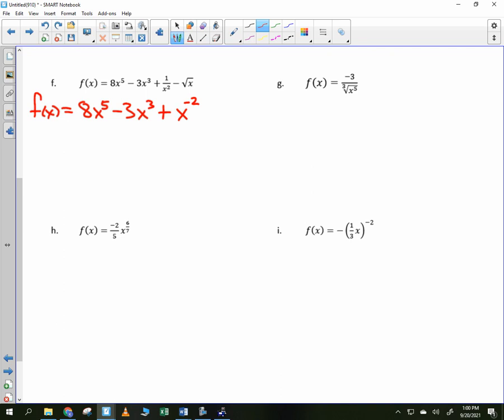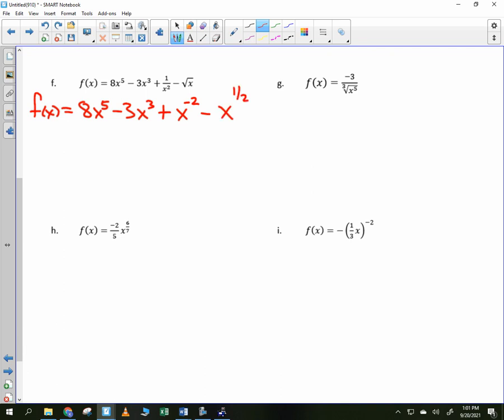Isn't 1 over x squared the same as x to the negative 2? So that's what you struggle with on the test, is rewriting in that form. Minus, can somebody tell me what the square root of x would be? X to the 1/2.